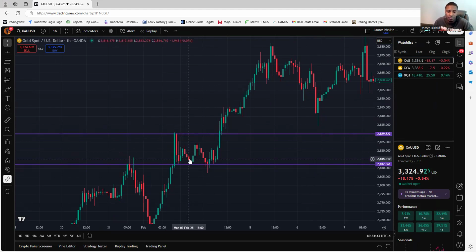When you think of support, think of something that can't break through the bottom. It's getting held up. And when you think of resistance, think of something that can't break through. It's resisting them. I like to look at the market as just a repeating cycle over and over. What has happened in the past will happen once again.